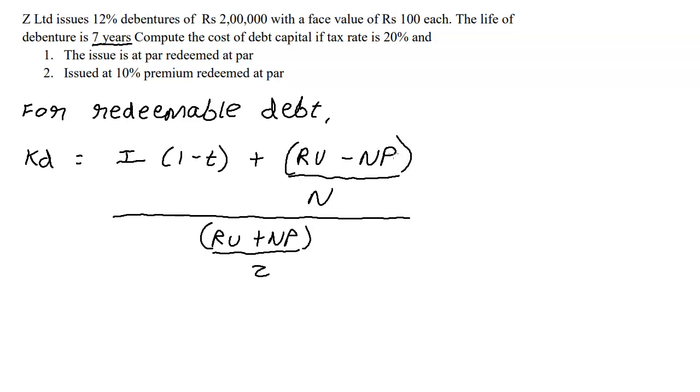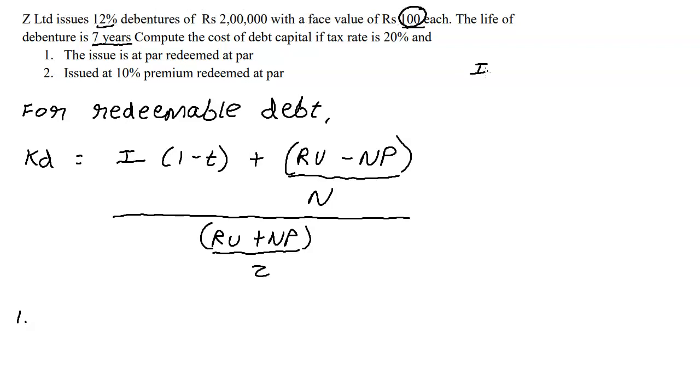Now, in the first case, the interest rate is going to be 12%. We are always going to calculate it on the basis of a single debenture rather than the entire issue. So 12% of 100.